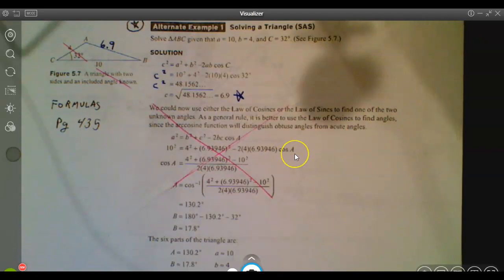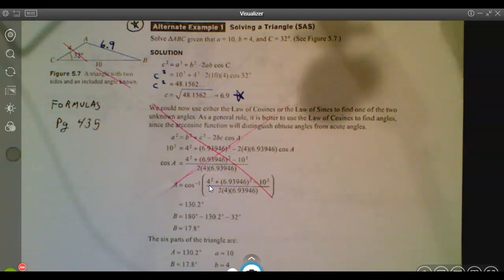Ultimately, because I'm trying to figure out an angle, I am going to use the inverse cosine function at the end of this in order to get my angle. So a little basic algebra first. They said, let's take this piece right here and subtract it over to the other side. Then we're going to divide this over in order to isolate cosine A. So that's what you're seeing in this big giant setup right here.